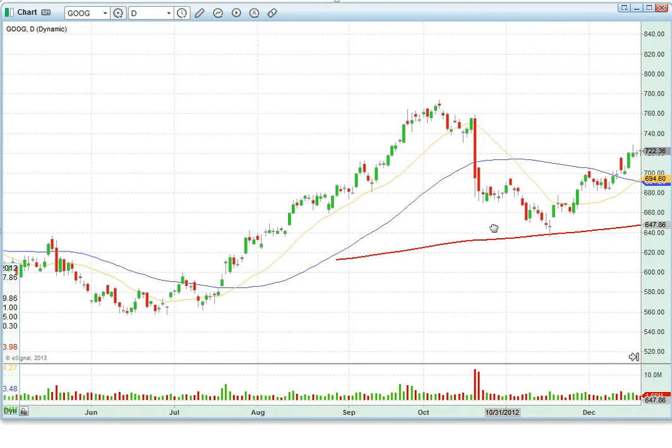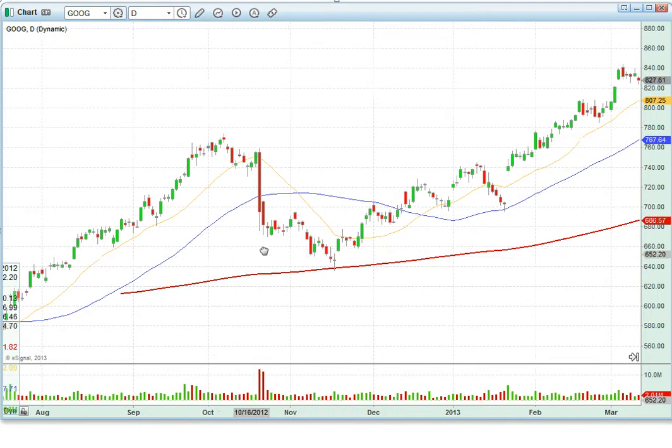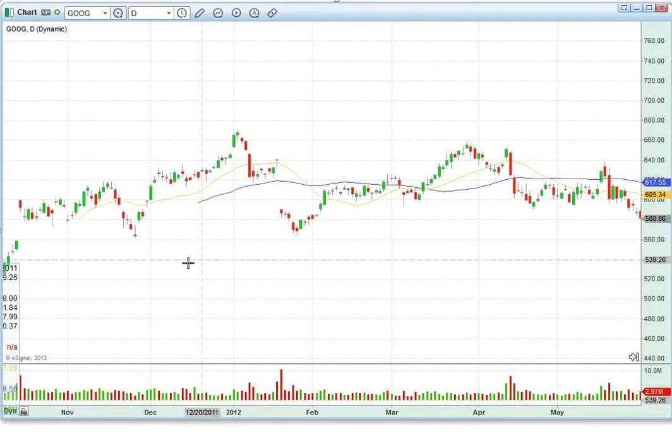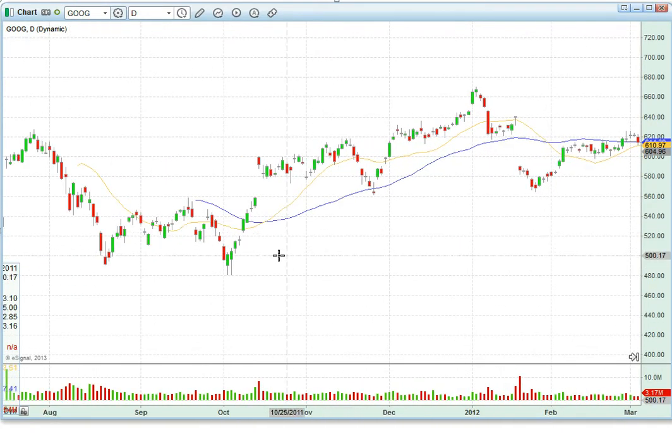But the point is that a stock rarely gets away from this moving average, so it wasn't too long until the stock basically recovered. And so you can use your short-term moving averages to see if your stock is deviating away too far. So notice how here we gapped up, but it couldn't stay up too long.